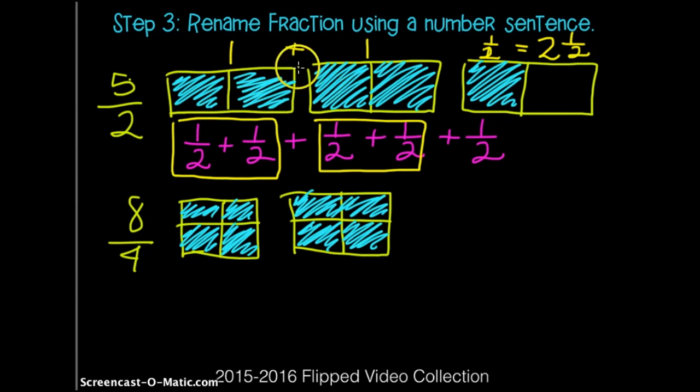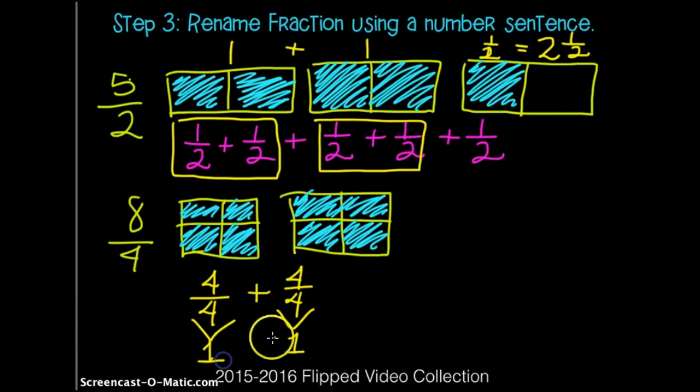You can see that 2 wholes were created when the models were shaded fully in. Down here, you'll also notice that I've got 4/4. You can take a shortcut there. 4/4 plus 4/4. Each one of these is equivalent to 1. So 1 plus 1 equals 2.